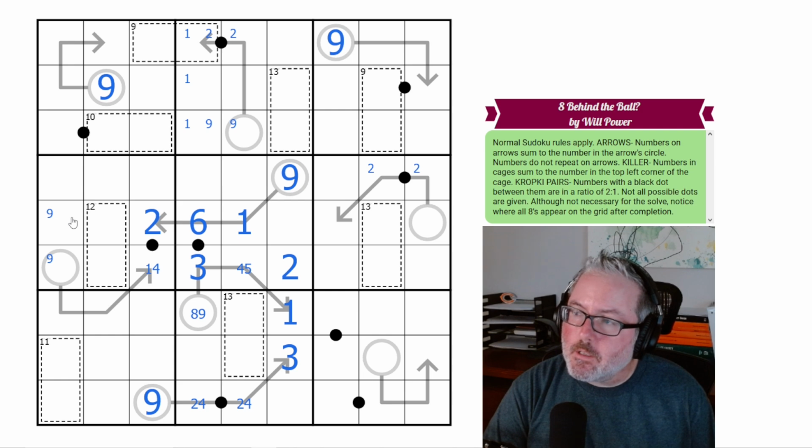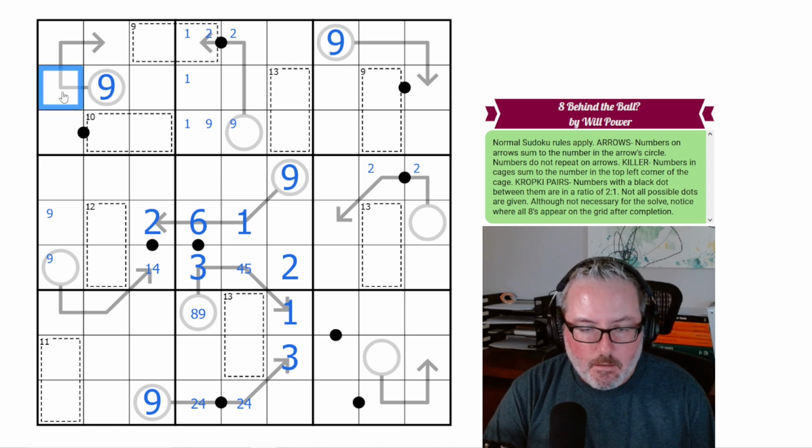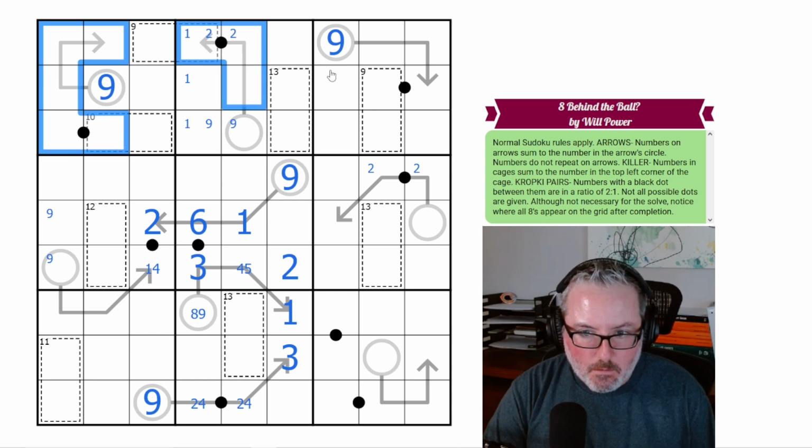So what else can't go on? So 7 and 8 and 9 can never go on an arrow, because we stated before, if you had an 8, you couldn't do it, period. If you had a 7, the only way you could do it is if you put 1 and 1 on it, but we already know that numbers don't repeat. So 7s, 8s, and 9s can never go on arrows.